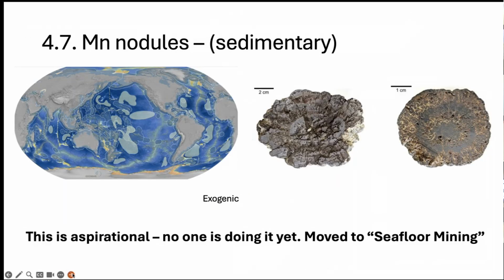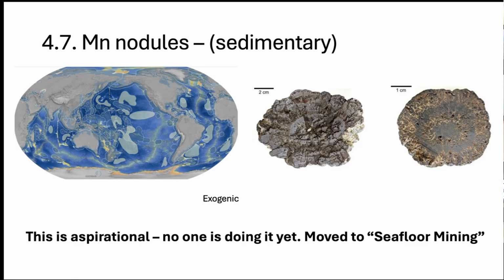Now, manganese nodules are a huge resource on the sea floor. So here we're looking at some manganese nodules, different kinds. They start growing from the middle and grow outwards. They lie on the sea floor. And these are maps showing where the significant fields with a lot of manganese nodules on the sea floor are found.